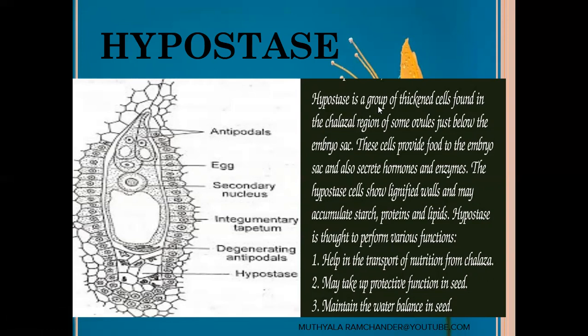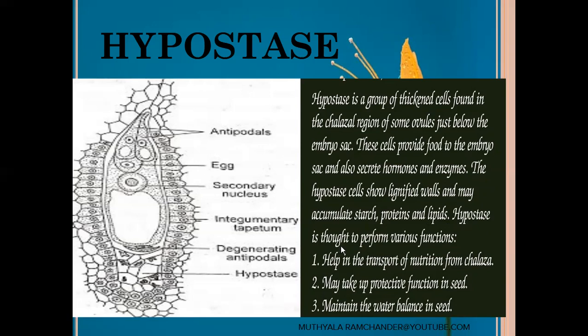The hypostase is a group of thickened cells found in the chalazal region of some ovules, just below the embryo sac. These cells provide food to the embryo sac and also secrete hormones and enzymes. The hypostase cells show lignified walls and may accumulate starch, proteins, and lipids.